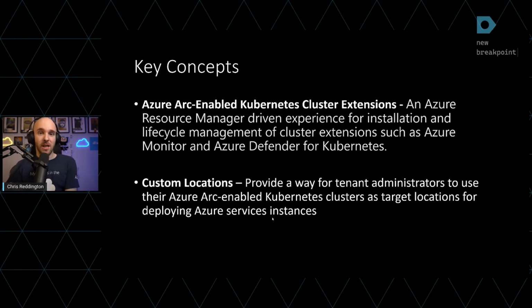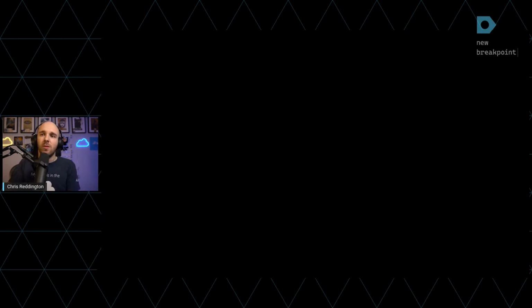A custom location is effectively a way for you to map a custom location, as the name implies, with your Azure Arc-enabled Kubernetes cluster. That way, when you get to creating an app in the Azure portal, the experience is just the same, apart from you select a custom location instead of an Azure region. So with that context, let's jump in and look at the second part of the demo here.